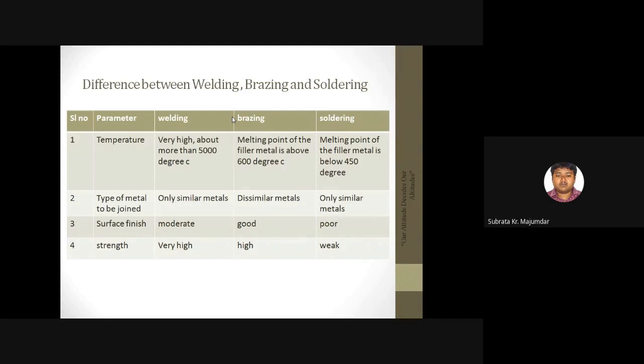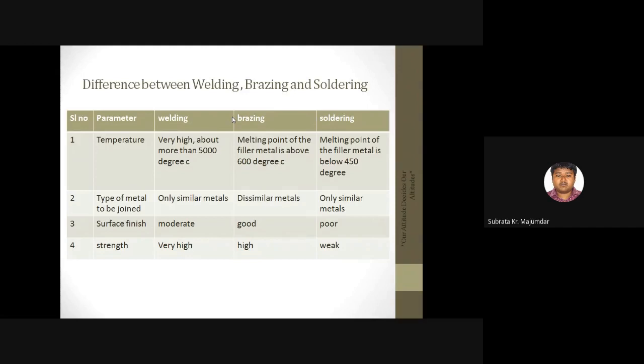Brazing obviously gives high strength, but it is not as high as welding, because welding gives us very high joining strength compared to the other two.